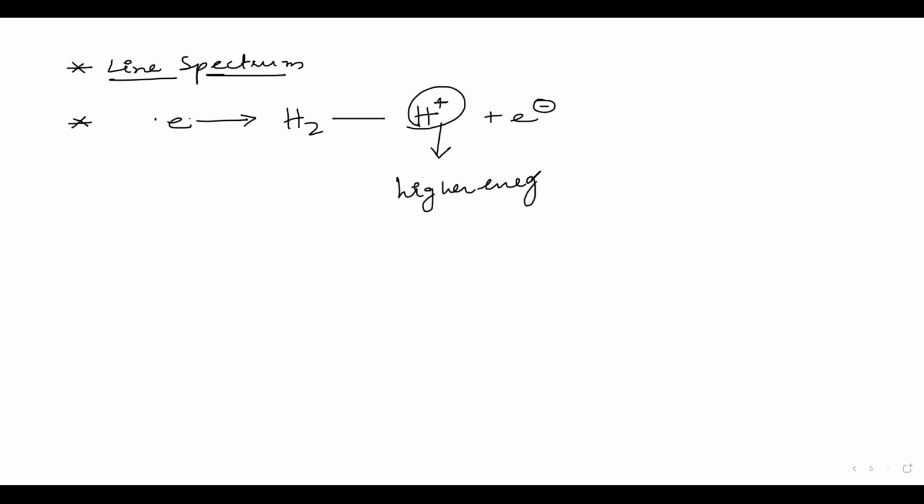Then Planck came and told that, see, when we put that discharge tube into electricity, what is happening? Electrons are coming in, they are breaking this hydrogen, and the hydrogen is broken into H plus and electron negative. Now this hydrogen is getting into higher energies, because the electron is very excited and very fast.